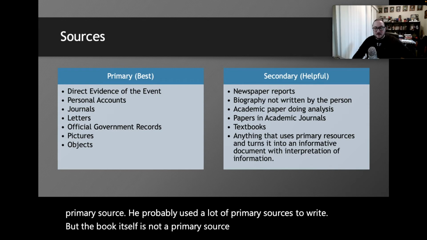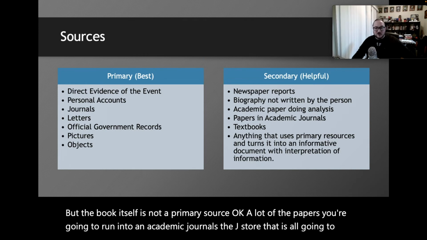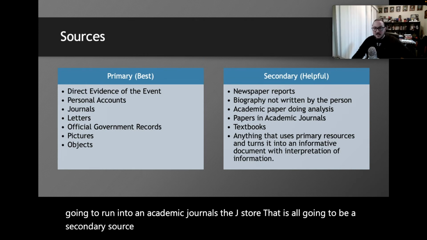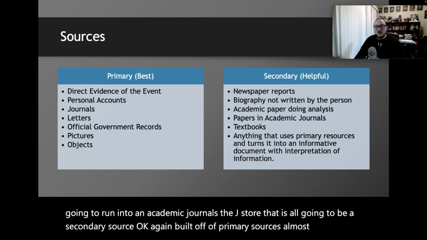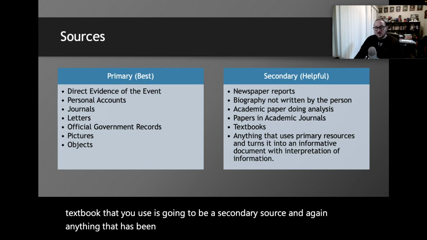A lot of the papers you're going to run into in academic journals like JSTOR, that is all going to be a secondary source, okay? Again, built off of primary sources. Almost any textbook that you use is going to be a secondary source, and again, anything that has been interpreted from a primary source is now going to fall into secondary sources.